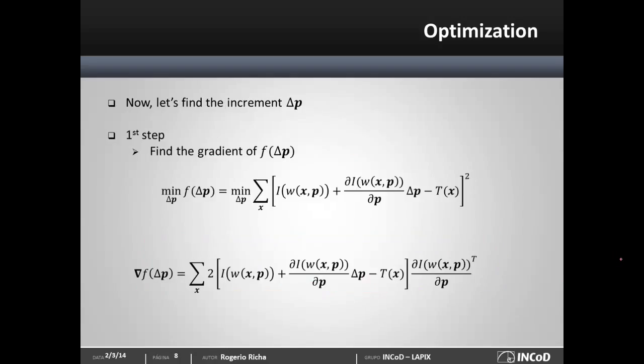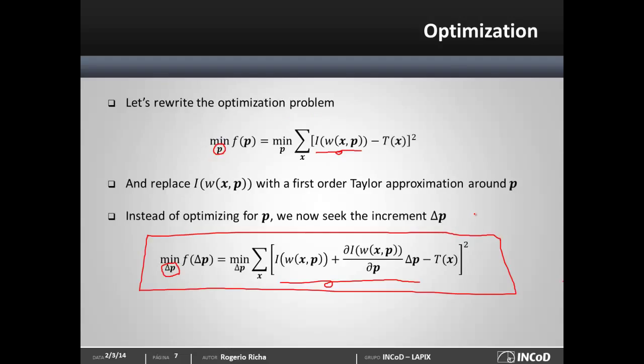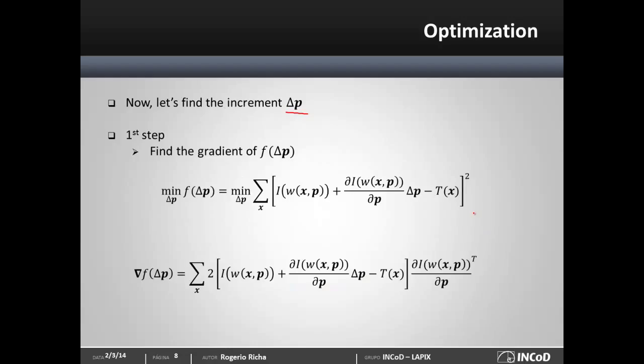Okay. So now let's solve for my increment delta p, and we can do that the same way that we can approach any minimization problem. We can look for the minimum of this function by setting its gradient to 0. The first step would be to find the gradient of my sum of square differences, and this is what it looks like. It's using the chain rule.